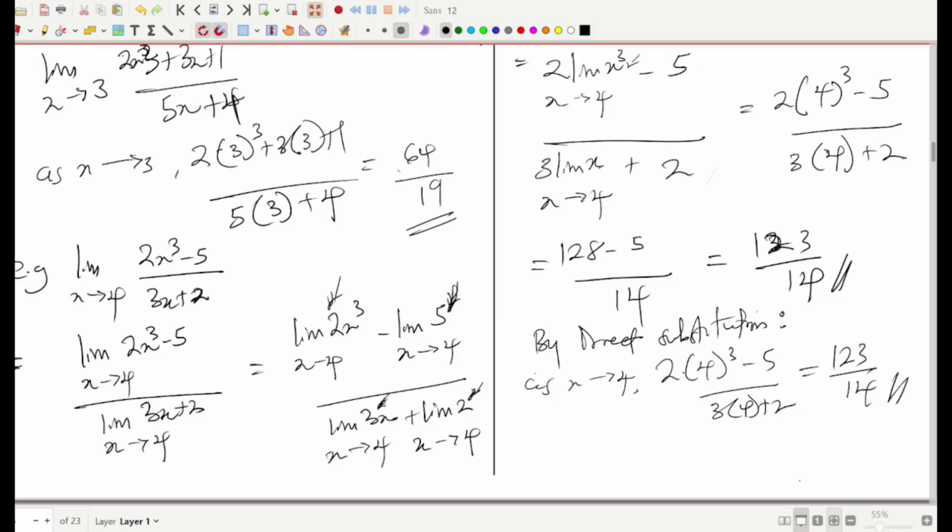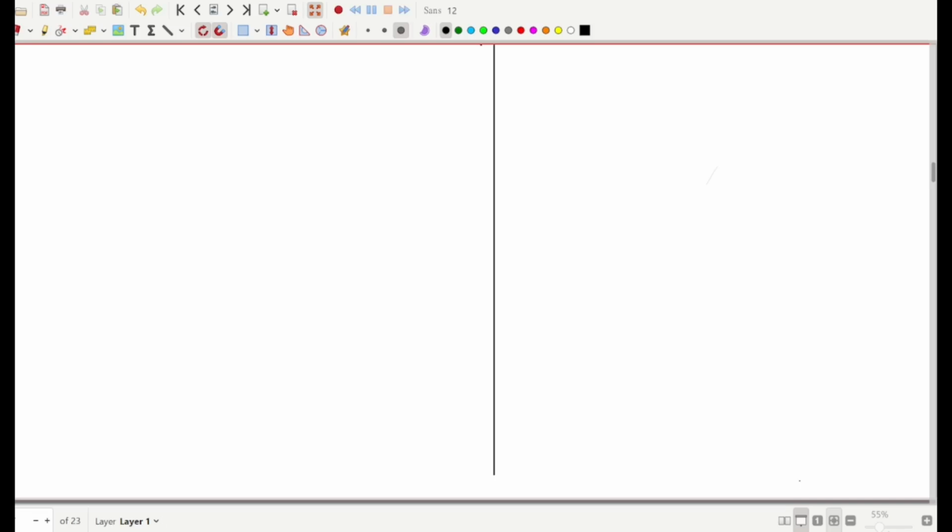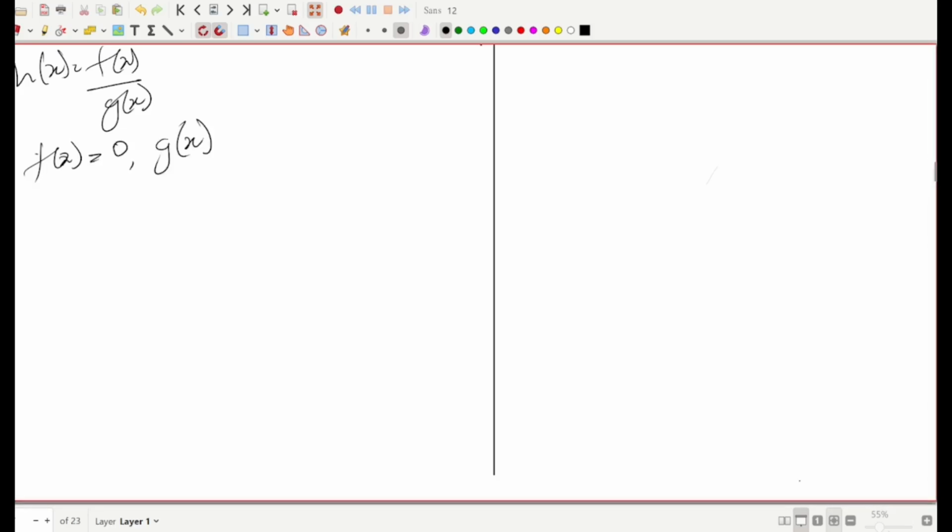Now, I want us to talk about the indeterminate form of a rational function. If you say some rational function is indeterminate, what does it mean? Let's say a rational function h of x is equal to f of x over g of x. For h of x to be indeterminate, f of x should be 0 and g of x should be 0 at some value of x. And mind you, f of x and g of x are all polynomials.